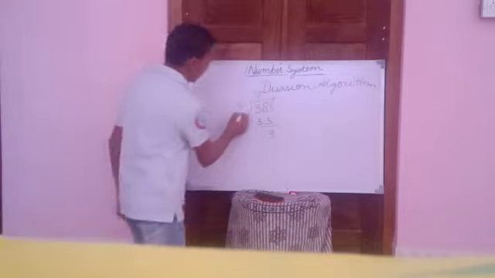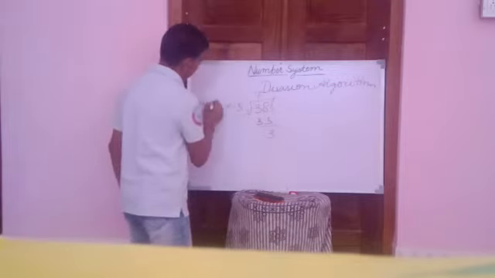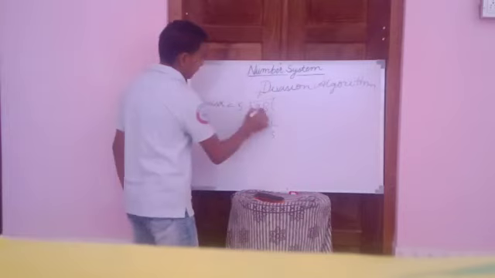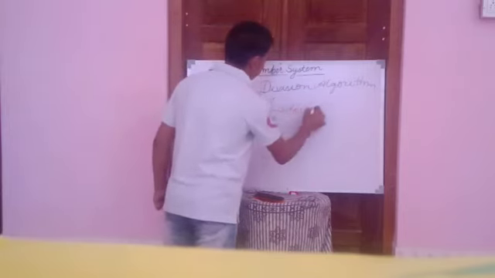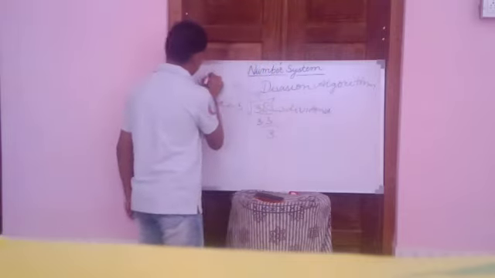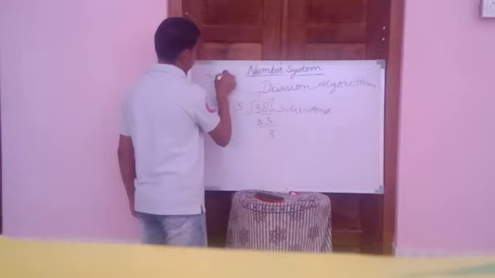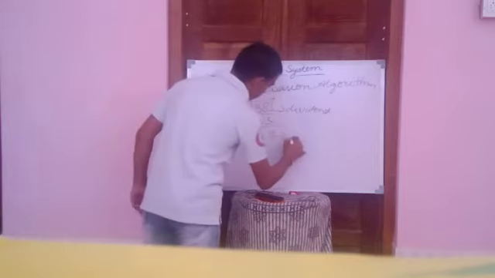Here 5 is the divisor, 38 was our dividend, 7 was our quotient and 3 was our remainder.